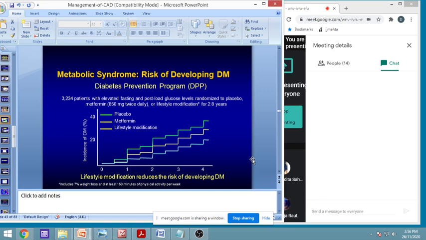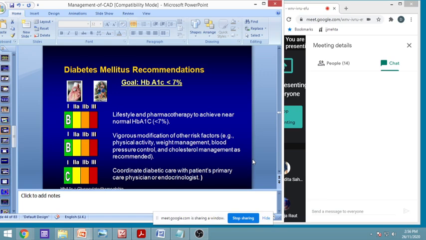So for that, the measures taken are placebo, metformin, and lifestyle modification, so that diabetes can be controlled, and automatically one can try to control hypertension and other factors. So what are the recommendations? Lifestyle and pharmacotherapy to reduce the HbA1c or bring it to normal.